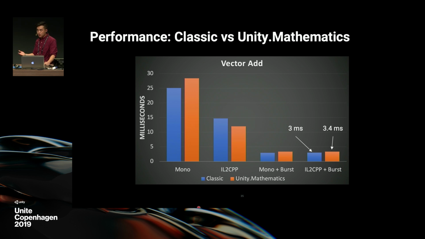And that will be the general trend for all of these. When you look at the burst numbers, though, at the end, you can see that classic Unity is actually slightly faster than burst. This is something I want to investigate and figure out why. But the difference is really small. You have to remember that this is 1 million vector additions, and over that million, there's a 0.4 millisecond difference. So in any real game, you will probably never, ever notice.